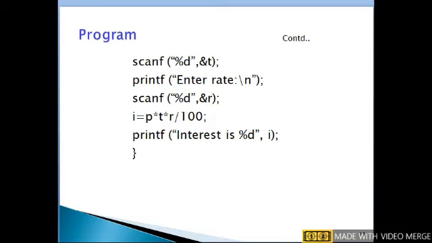To know the simple interest, we need to print the value of I on the screen. That's why in the next statement we are using the printf function. Printf in double quotes, control string, then comma I as the argument. It prints the I value on the screen.